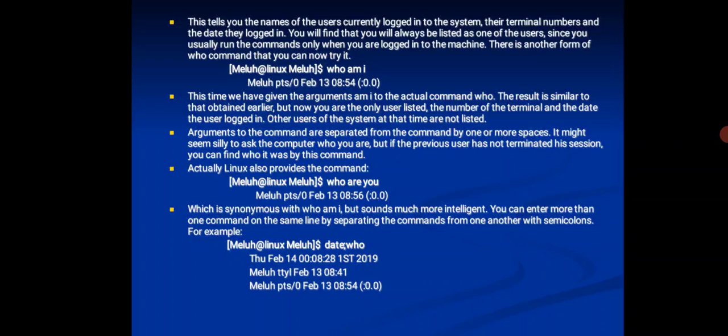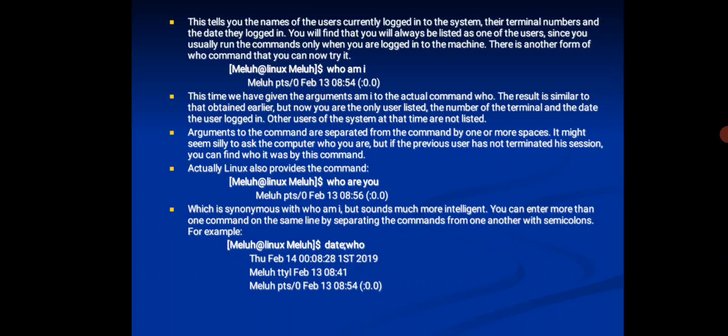Similarly, if we give the date command, it will display the date and time of the system. Then if we enter the who command, it will give the list of users, that is who entered now, their name and time, then date it will display.